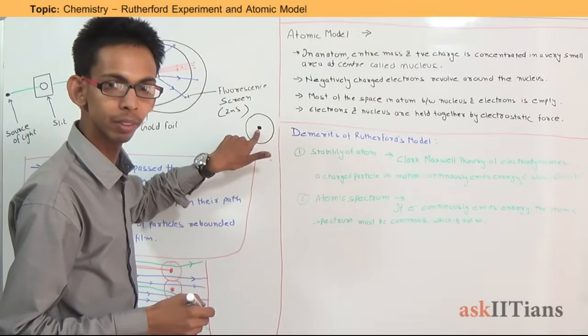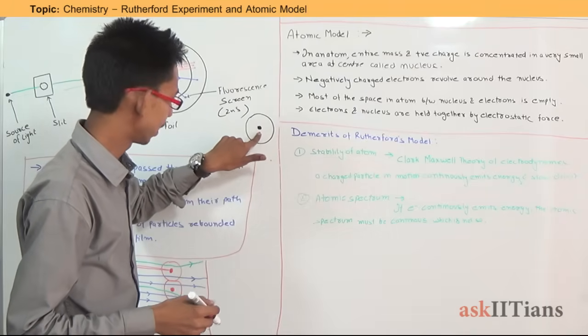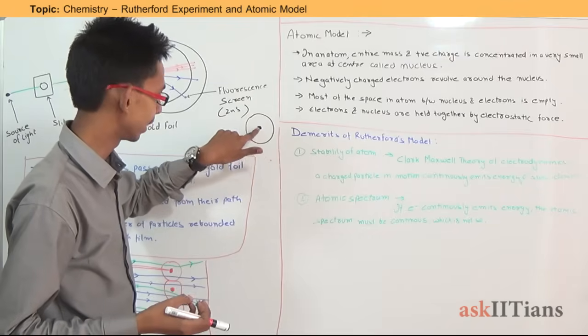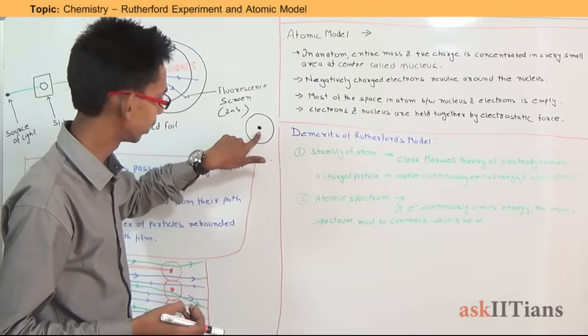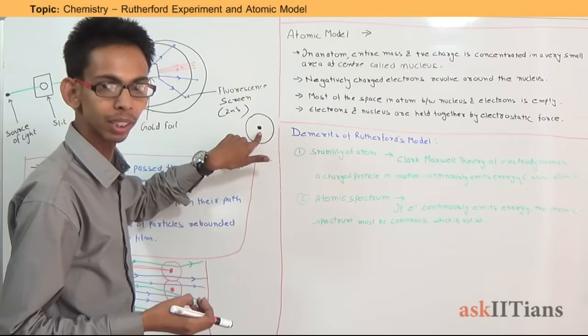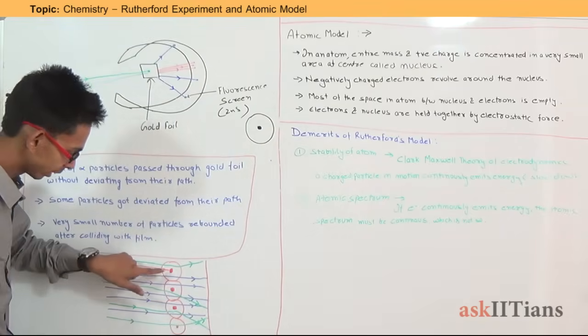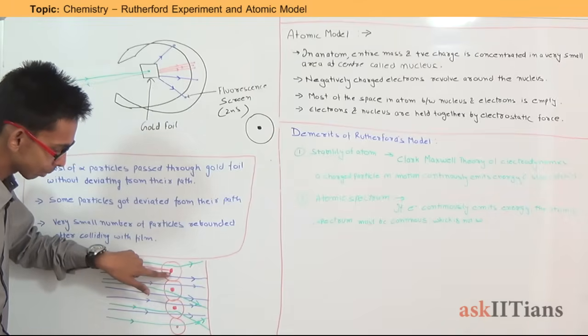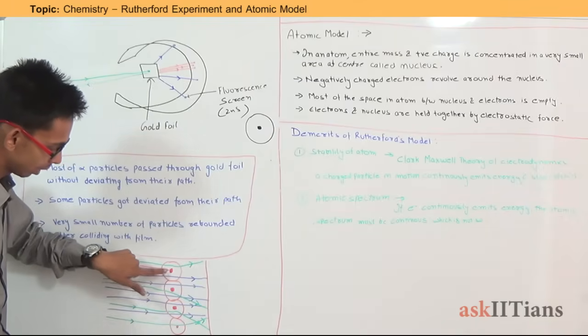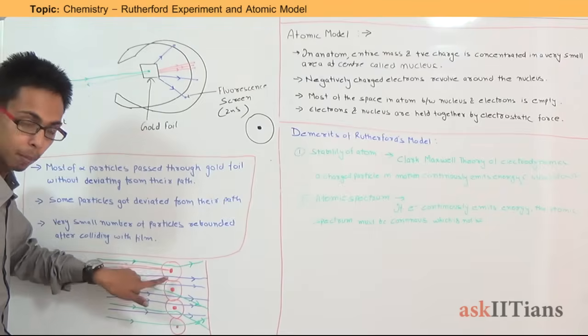This small positively charged area present at the center of the atom is known as the nucleus. You can see here that the nucleus is very small and present at the center of the atom, while most of the area is empty.